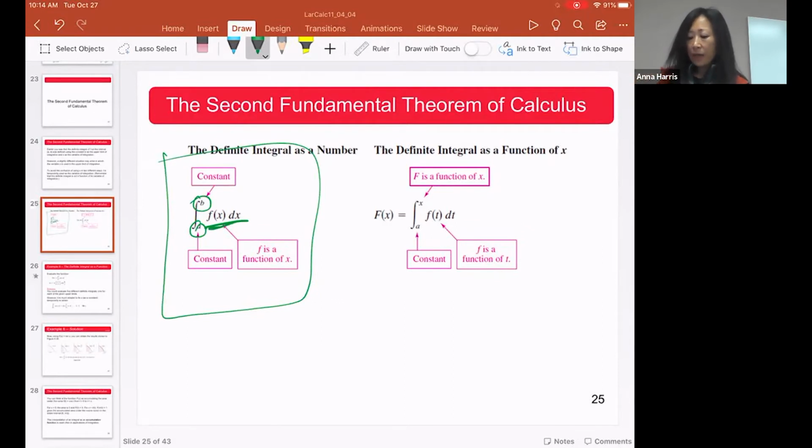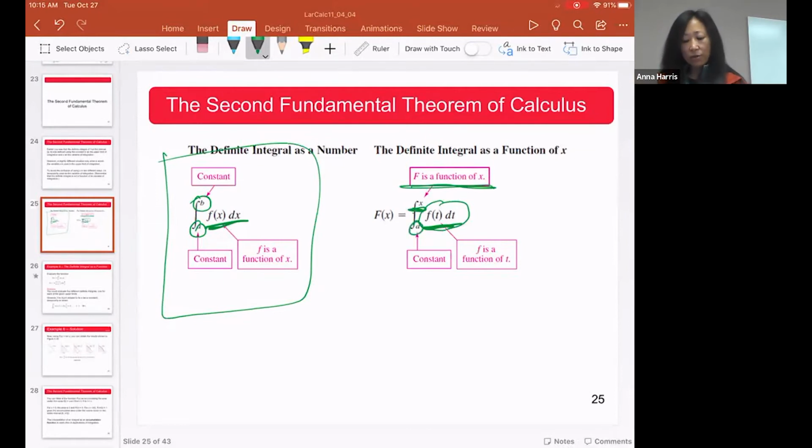So now the upper limit is not a constant, but becomes a function of x. Because of that, I want to introduce a new variable called t. It doesn't have to be t; I could call it g or s, any variable, but I decide to call it t because that's what we usually use. So now inside the integral, we have the integrand function, which we call f of t dt. But the lower limit is still a constant.